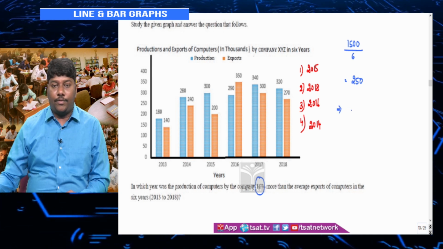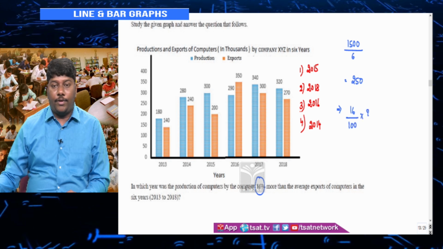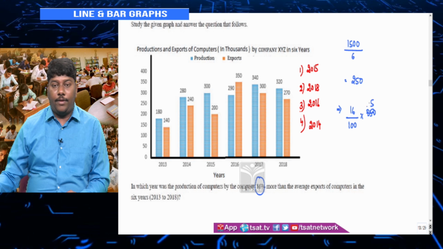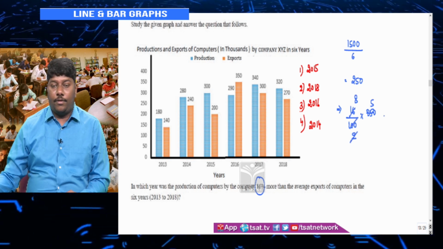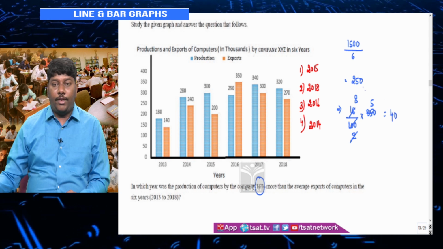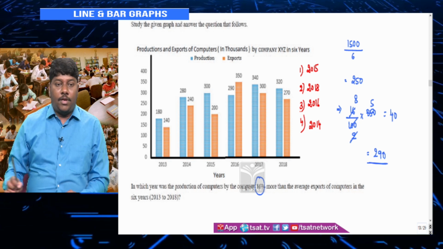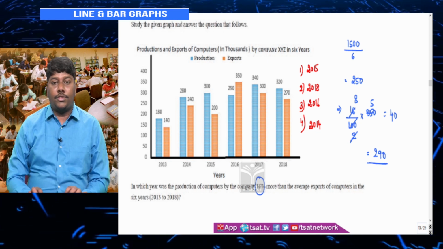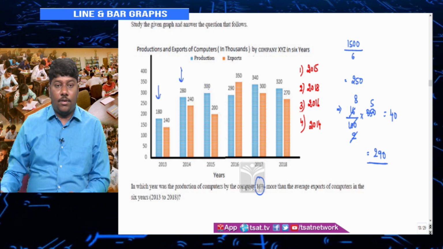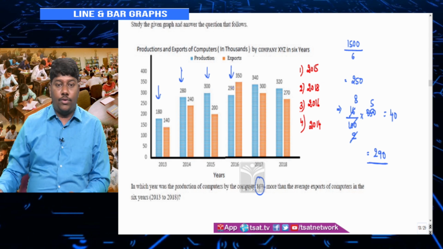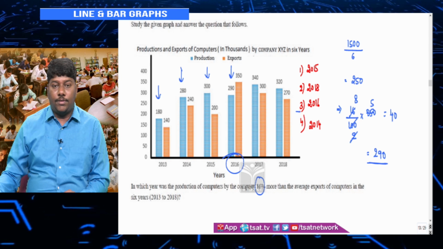What is 16% of 250? 16 by 100 into 250. 5 fives, 5 twos. Therefore, it is 40. 250 plus 40 is 290. I am asking you in which year the production is equal to 290. Look at this, this is 180, this is 280, this is 300, this is 290. So 290 is the production in the year 2016. So the answer is 2016.